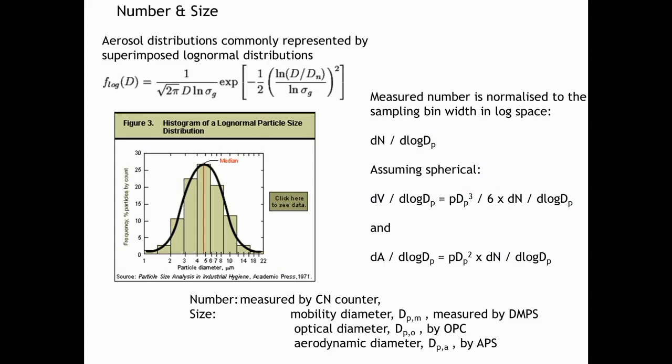Well, if you turn that into log space, then the same statistics can be used to describe the log normal distribution. And the log normal distribution is useful because the range of size of atmospheric aerosol is so large that you need to cover many orders of magnitude. So we need to do it in logarithmic space.